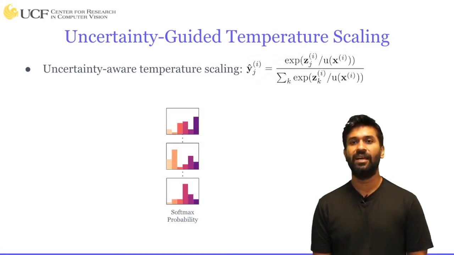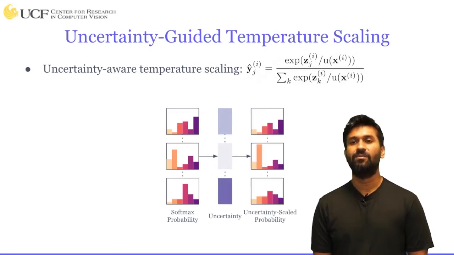Since we have the uncertainty information of the samples, here we put a lighter color for lower uncertainty and a darker color for higher uncertainty. After our uncertainty-guided temperature scaling, we can see that if the uncertainty is low, the output probability is sharpened, and if the uncertainty is high, we flatten the output probabilities. That means the example we see in the last row.